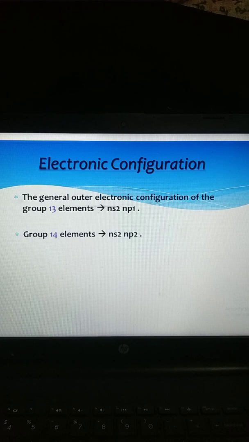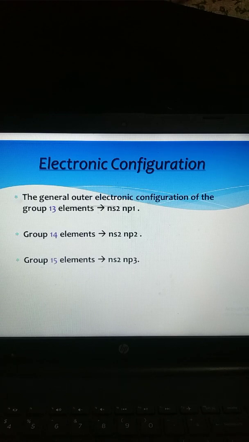That is, in the outermost shell, one p electron is present. Next we see group 14. In group 14, the outer electronic configuration becomes ns2 np2. What is the difference between the two groups? In group 13 there was np1, whereas in group 14 there is np2. The difference of one electron is there in the outermost shell.